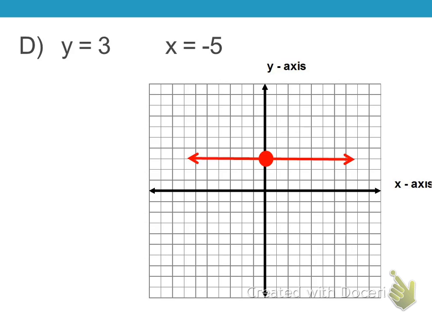All right, what's an x equals -5 line look like? Go to the left 5. Yeah, it's through the x-axis at -5. And how does it look? Yep, straight up and down.